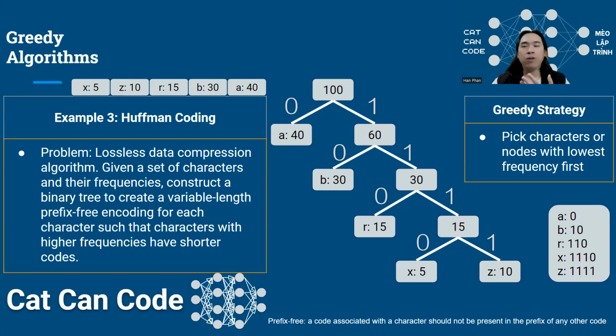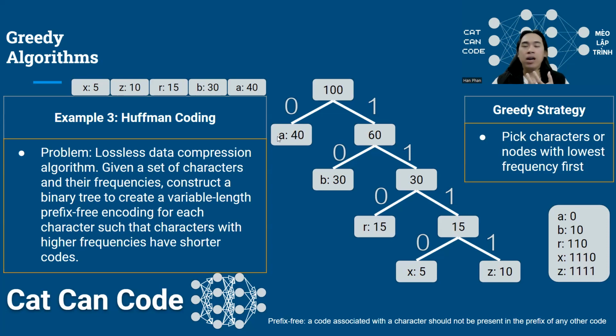Now, once I have constructed the binary tree for my Huffman coding algorithm, I can generate the Huffman codes for all of my characters. You can see here the character with the highest frequency can take the value 0 as a code. So this is a very short code for a very highly frequently appearing character.